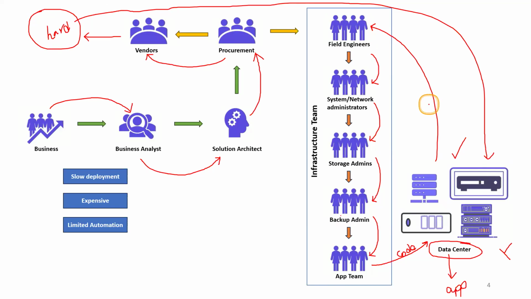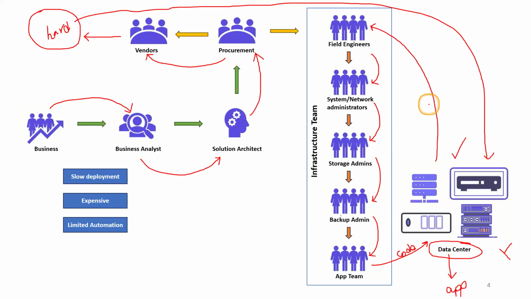Most of the steps, such as rack and stack, cabling, other deployment procedures, procurement activities or vendor activities, cannot be automated at all. They have to be manual. When it is manual, it will be slow. That's the reason we usually call the traditional working model limited automation, and it is a slow working model.